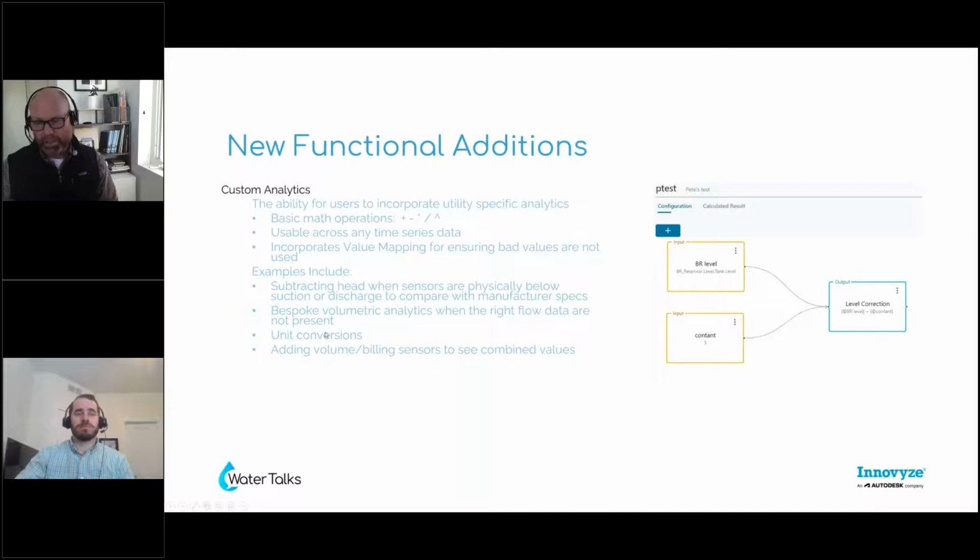Unit conversions is a very obvious thing, and maybe you want to do something like adding volume and billing sensors so that you can see combined values. I may have 20 DMAs, but I may have 4 larger regional areas that I want to analyze collectively. So this allows me to group these things and analyze them as a collective.